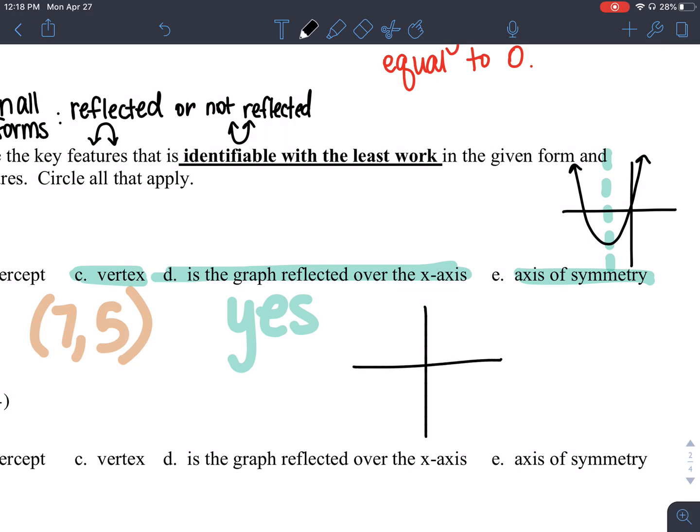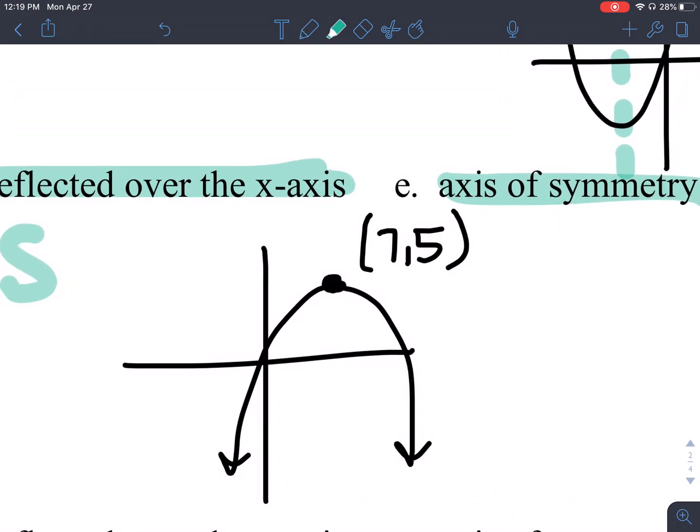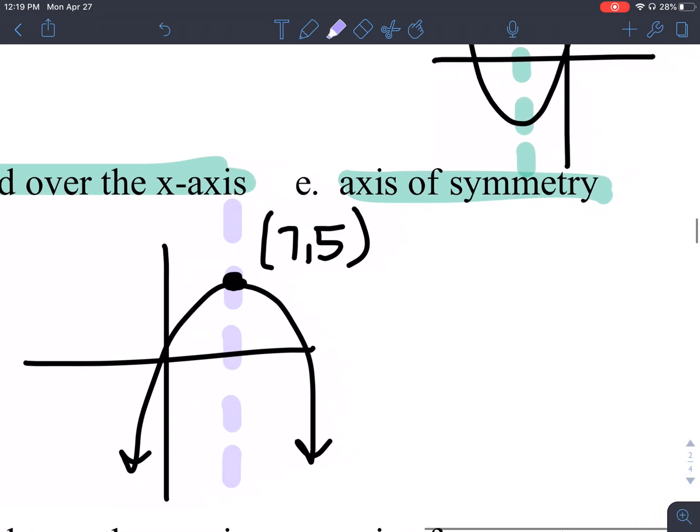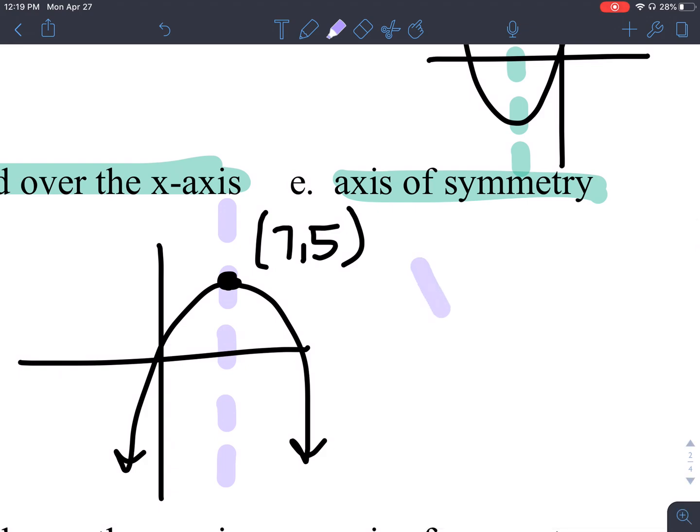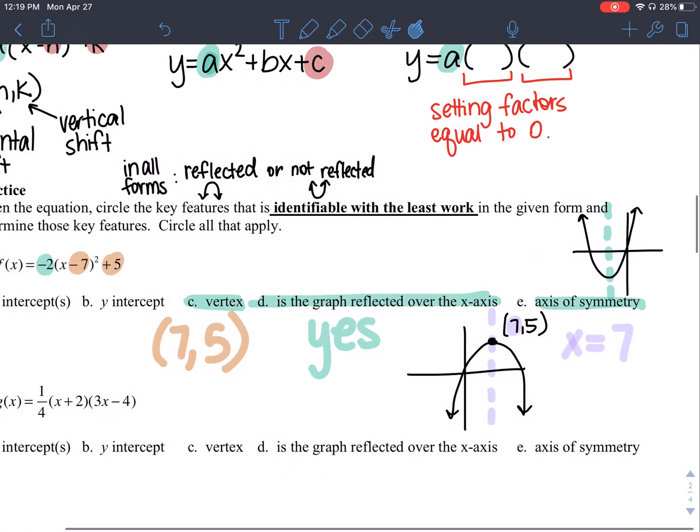So if I were to sketch this function we're dealing with now, the vertex would be 7, 5, and it would be reflected. So it looks something like this. If I were to draw that axis of symmetry, it goes right through that vertex. Vertical line has x equals, and then our x value is 7 of our vertex.